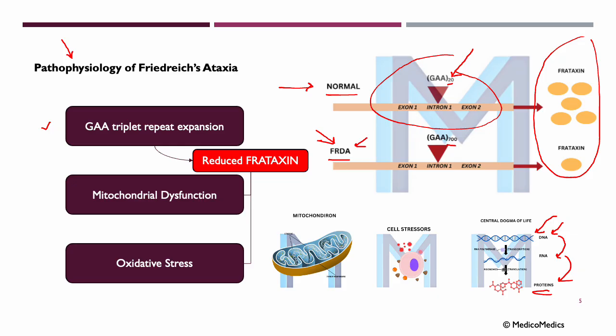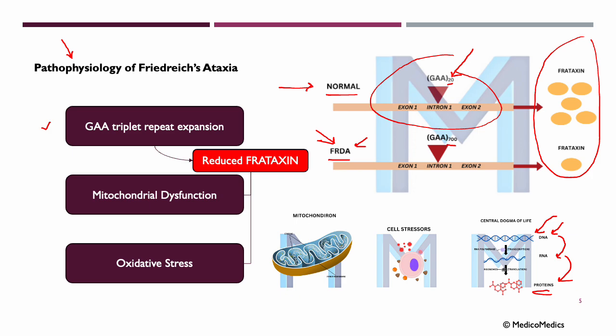So how does this expanded GAA repeat cause disease? Now, it's important to know that the expanded sequence does not change the frataxin protein itself, meaning there is no direct missense or nonsense mutation. Instead, it causes structural disruptions in the frataxin gene.